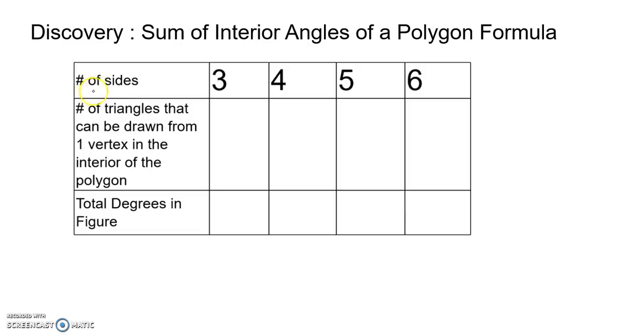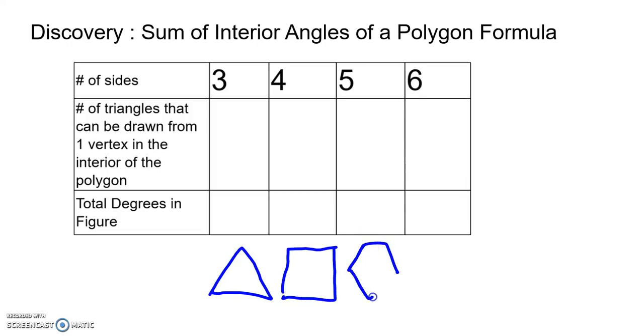So let's say that we're talking about specific polygons with a certain number of sides. 3 sides would be some kind of triangle. 4 sides would be some kind of quadrilateral. I'll draw something with 4 sides, not necessarily a square. 5 sides, 1, 2, 3, 4, 5. And 6 sides, 1, 2, 3, 4, 5, 6.